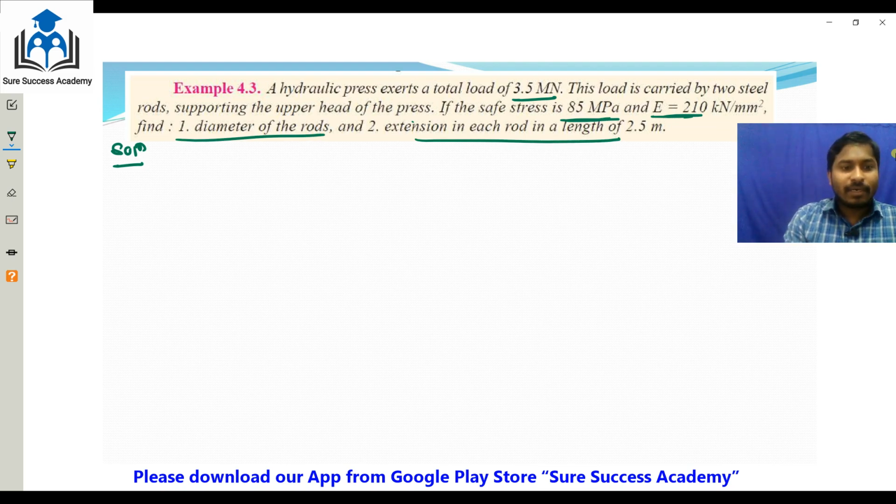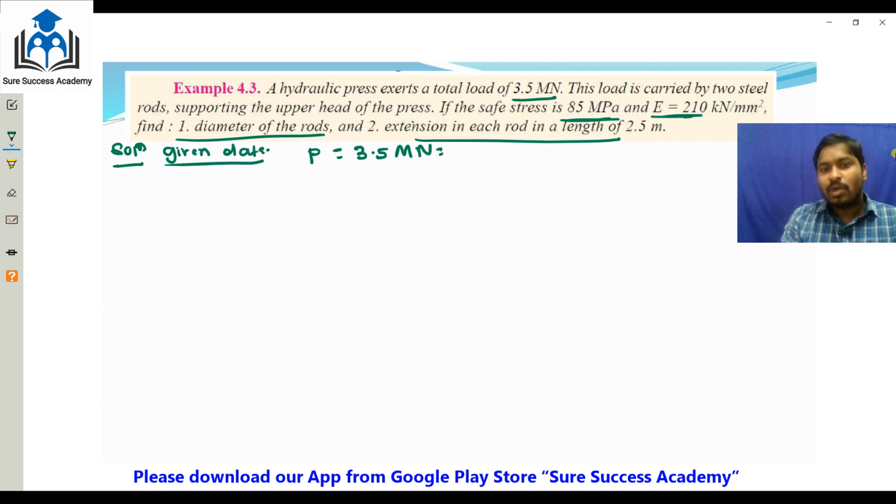What is the given data? Write the hydraulic load P as 3.5 meganewton, which is 3.5 into 10 to the power 6 Newton.